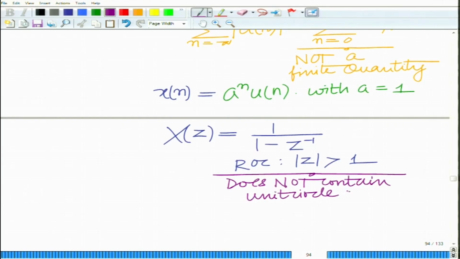Hence, you cannot obtain the DTFT by simple substitution of z equal to e raised to j omega.